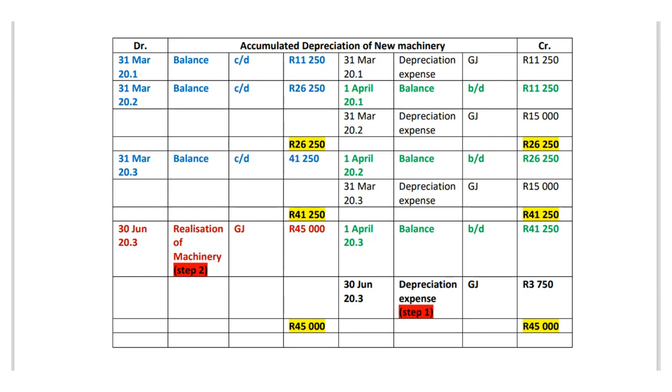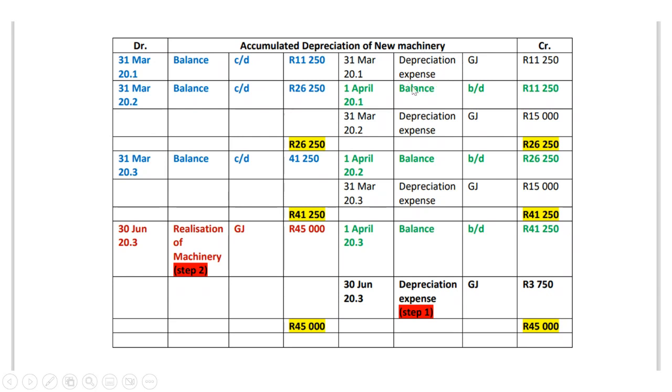Remember, we said accumulated depreciation is a contra asset account, it increases on the credit side and reduces on the debit side. I want us to start with year one. We know the depreciation that we calculated in year one was 11,250. So you say credit your accumulated depreciation. How much? 11,250.